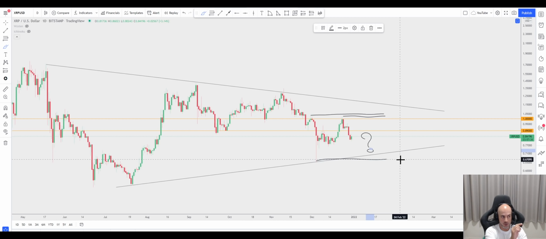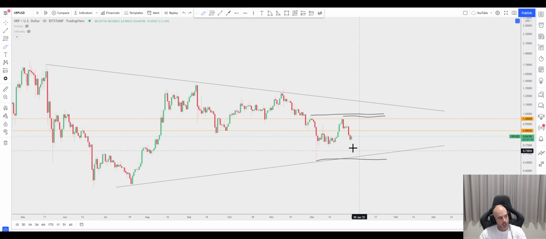If so, it is going to be great. If we look here, it's a higher low against the previous one, so it is not flat.